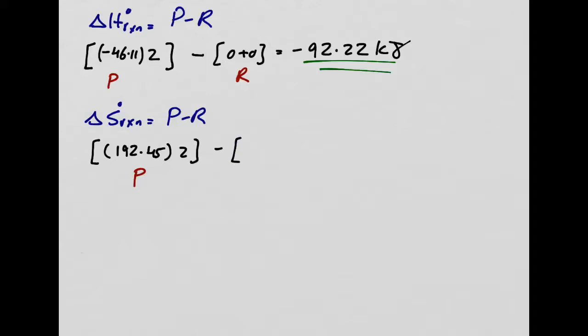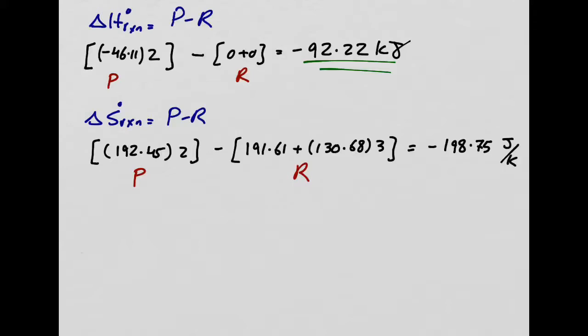Minus, to look at the reactant, 191.61 plus 130.68 times 3. Product minus reactant, I get 198.75 joules per K. Again, moles cancelled out.